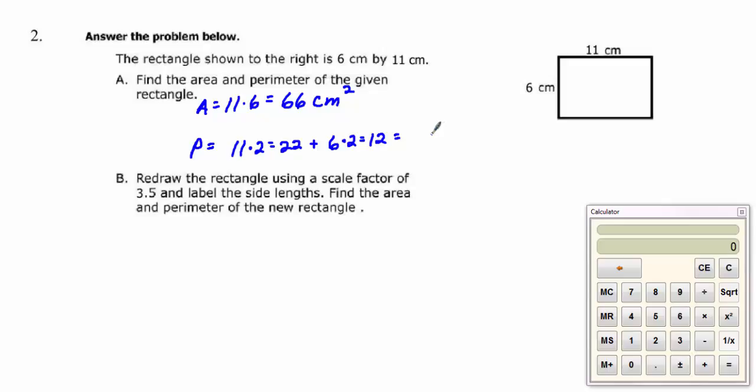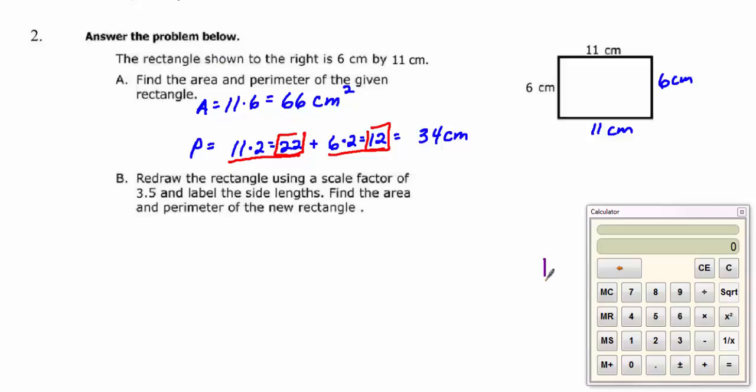And we get a total of 34 centimeters. Some students find it really helpful to put the extra labels, so they remember to go all the way around. This is just a different way of doing it. I took the top and the bottom, the top times 2. I took the left and the right times 2, and then I added the 22 and the 12. You might think, well, why did I do it differently? Because some people do it differently, and I want them to see their way is correct also.